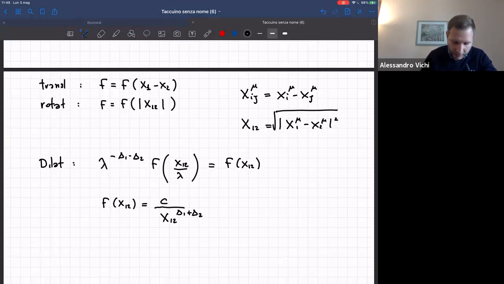But in a theory which is fully conformal invariant, you have an additional transformation, which is the special conformal transformation.